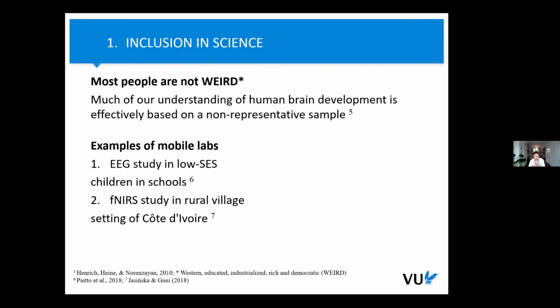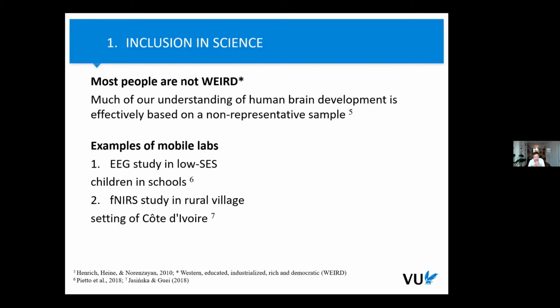They used a cheap mobile EEG system to study the effects of cognitive training in schools in low socioeconomic status children. So that's an example of using this technology to reach participants that normally would not participate in such a study, because they have less opportunity to go to a university or a hospital or a university lab. So this is a way to include these samples as well.